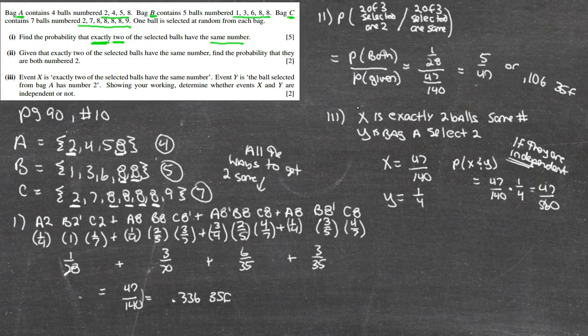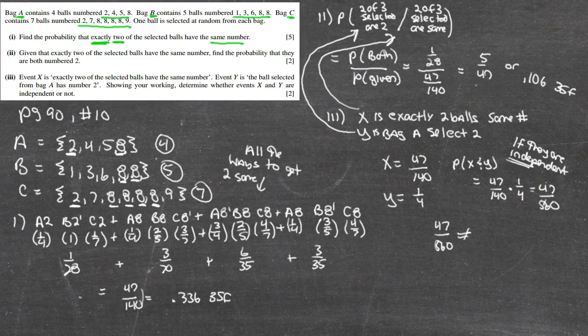And we decided that was 1 over 28. Well, that is the probability of both of these things happening. It's 1 over 28. If you take a look, both of those events describe X and Y. And so putting them together is 1 over 28.